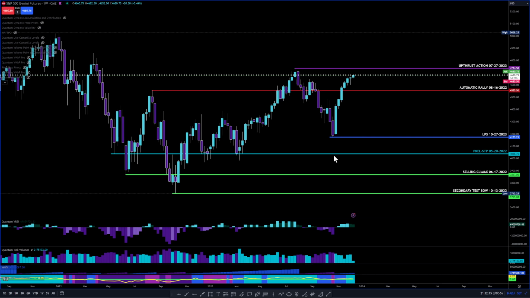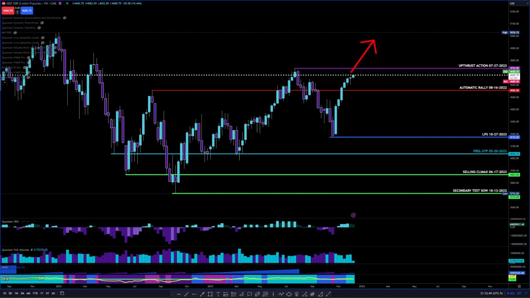That's the first thing to point out in the bullish action: these candles are getting smaller on the weekly. Some of them have wicks at the bottom, showing some selling pressure, and buyers have to come and stabilize that. Now it's still bullish. We can still get a breakout of this upthrust action and head towards the highs of 5,028.25.